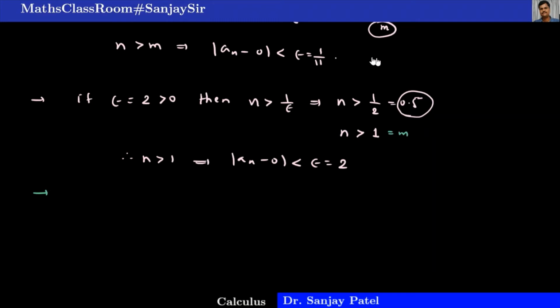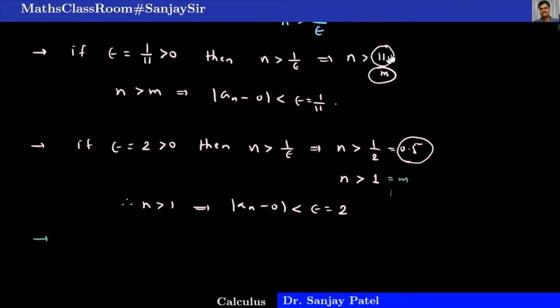In the previous case, it was m equal to 11. So if we take m equal to, say, the bracket of 1 upon epsilon, plus 1, this is called the box function.